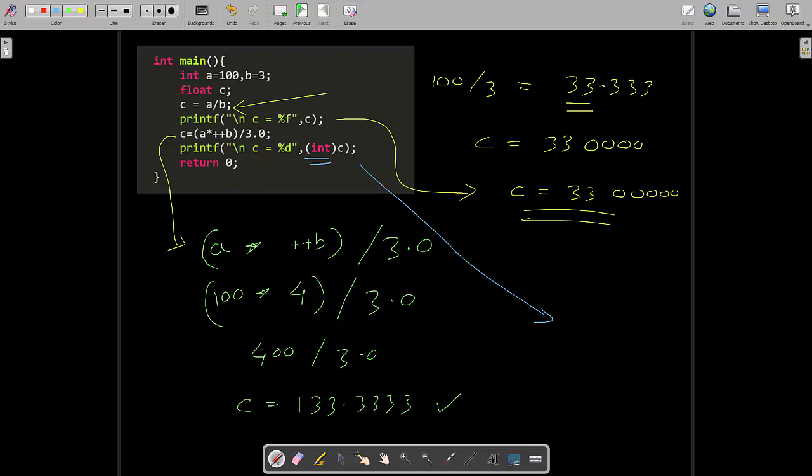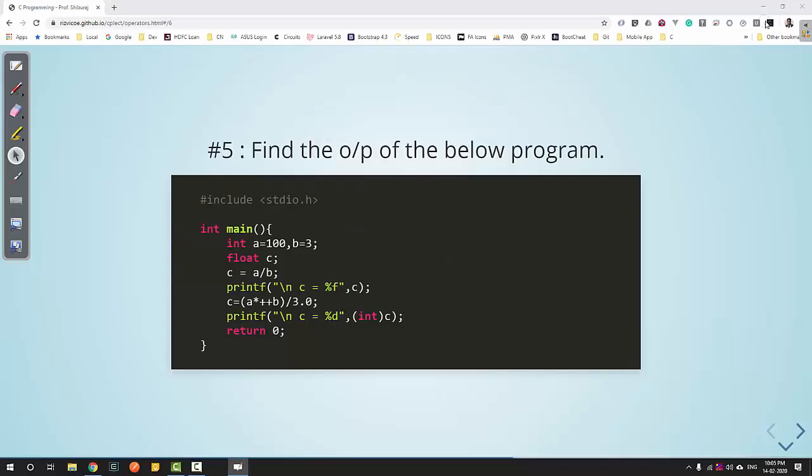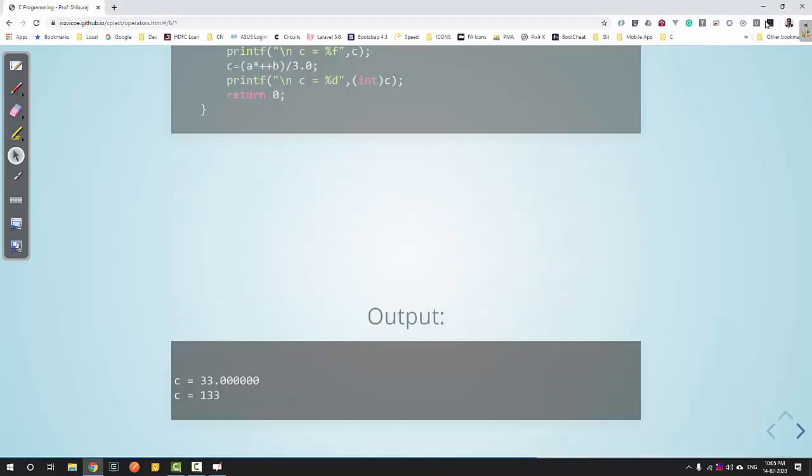So now if I am specifically doing typecasting over here, this will simply print C equal to 133 only. So this is very important to understand. So the first output is C equal to 33.0000, and the second output of the program is C equal to 133. So let us verify our outputs.